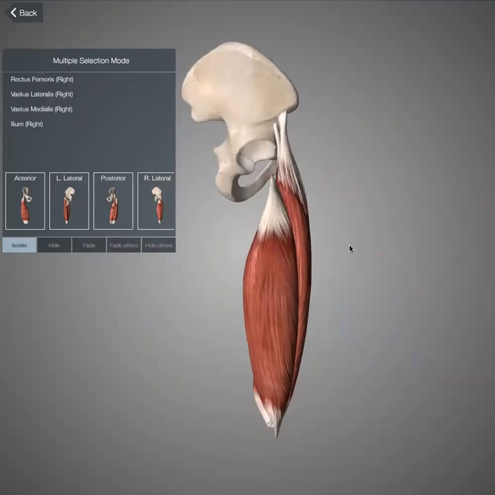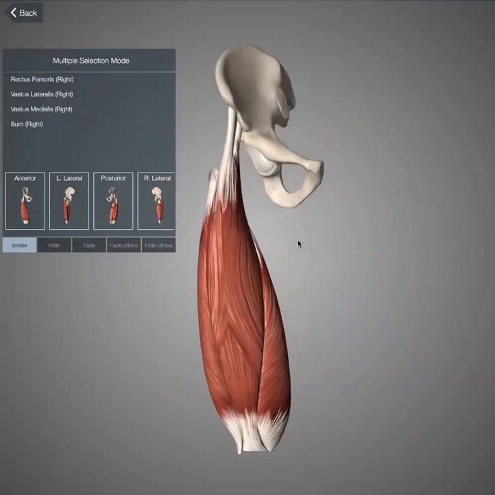So as I go into it, first, the quadriceps consists of four individual muscles, as I said, the three vastus muscles and rectus femoris. Okay.